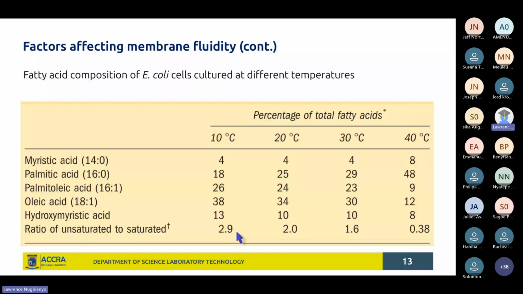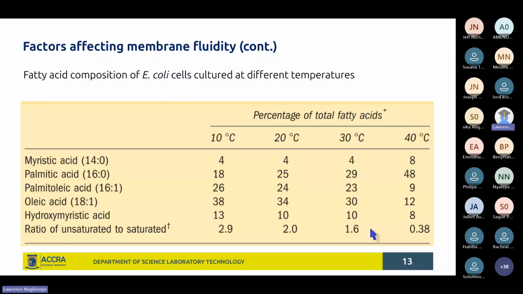So to compensate for that less fluidity, the bacteria, its cell membrane in growing, grows with more unsaturated fatty acids to compensate for that fluidity. And you see the trend is that as the temperature increases, the ratio of unsaturated fatty acids to saturated fatty acids reduces.